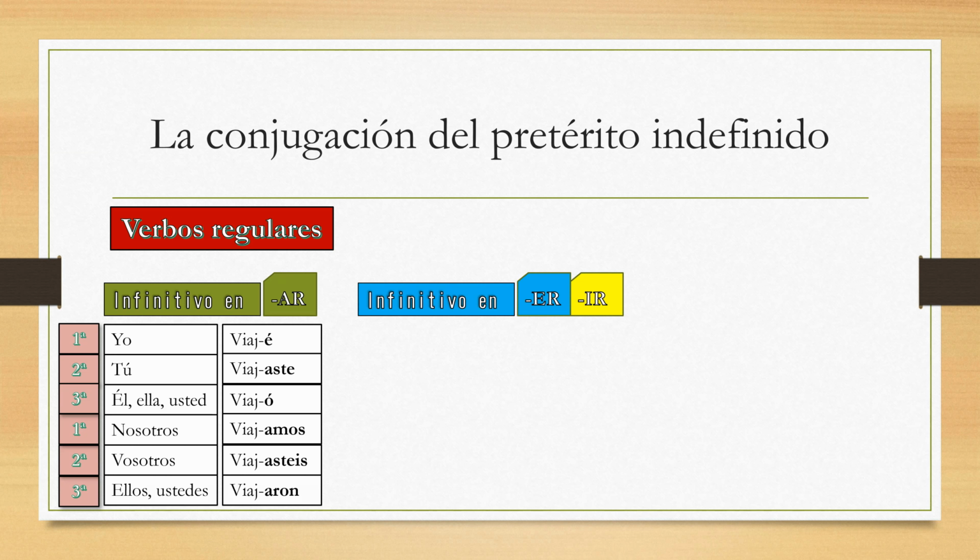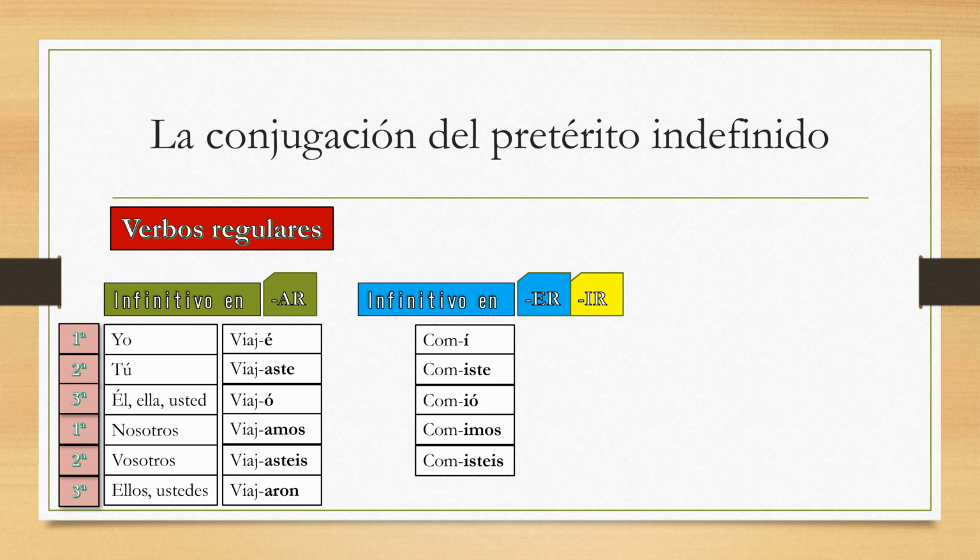Then ER and IR, I put them together because they are actually the same. Look at this. Yo comí, tú comiste, él comió, nosotros comimos, vosotros comisteis y ellos comieron.